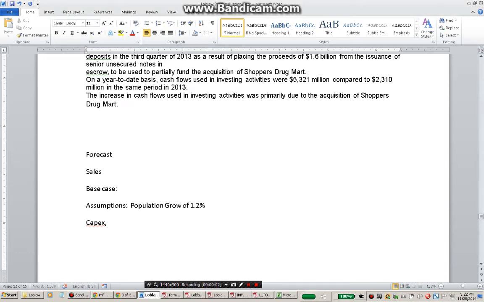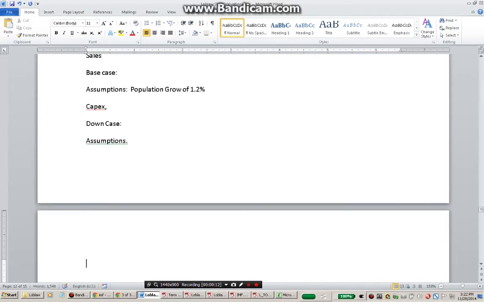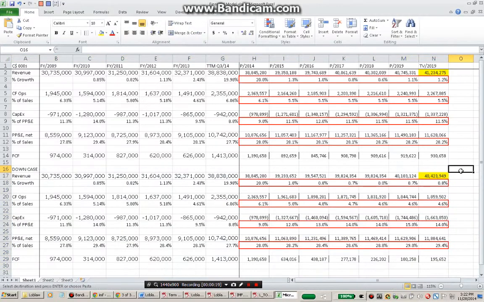Copy and paste our down case. Outline your assumptions and the impact on sales. I know we removed, let's see here, let's add up all of our sales here.